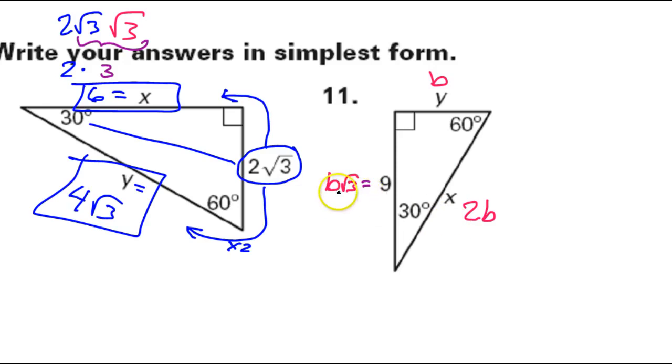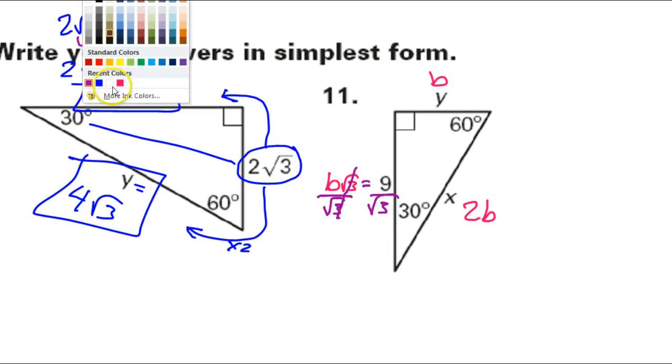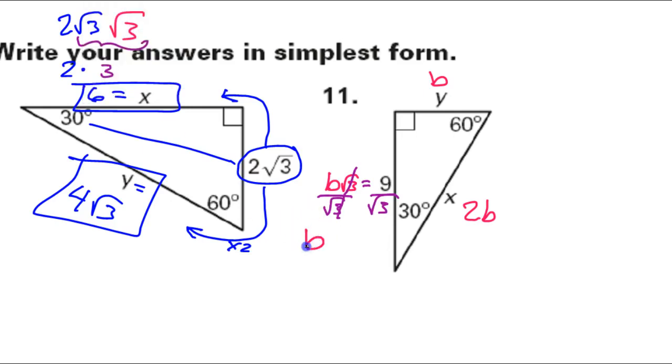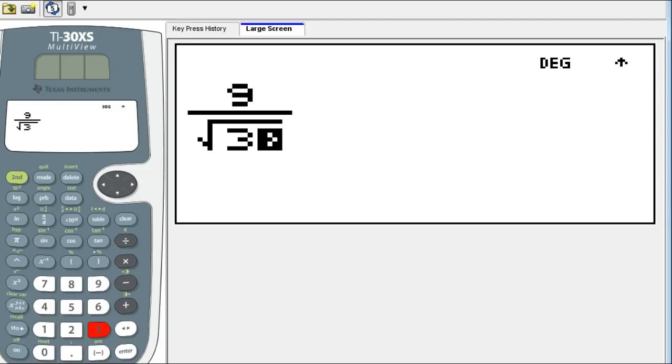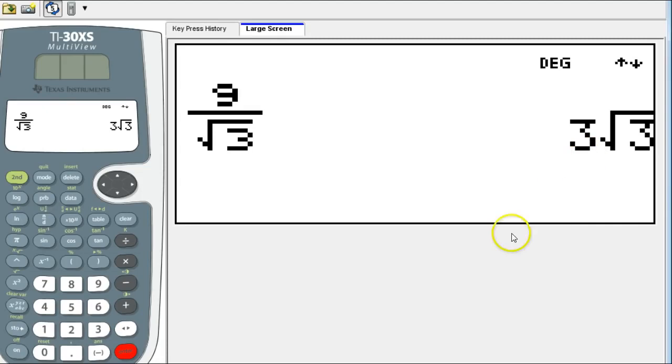So how would I solve this, you say? Well, we would just divide both sides by radical 3, okay, to cancel those out. So that is going to tell me what b is. So 9 divided by radical 3. Okay, so if we do 9 divided by radical 3, that gives us 3 radical 3.